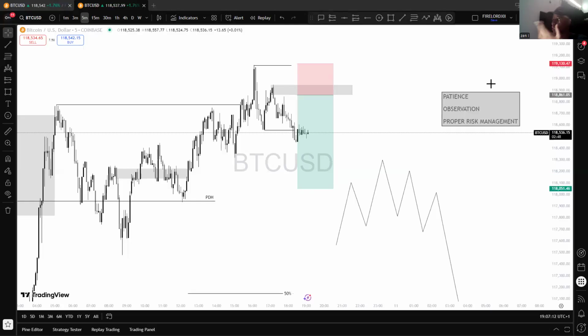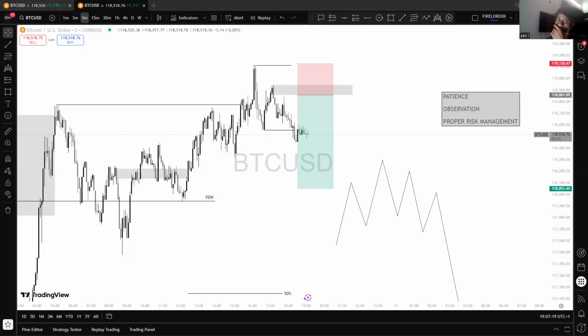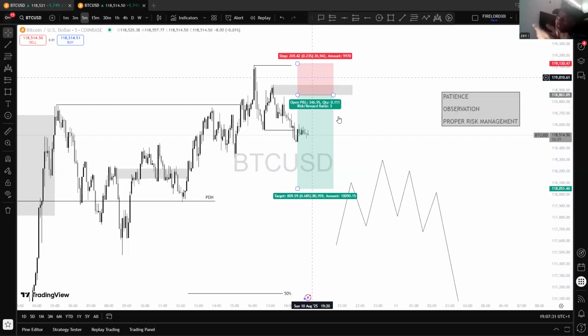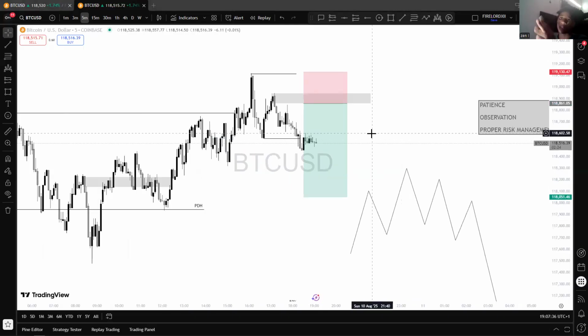Just saying, if price clicks this order before midnight, which I don't know if it would happen, and we're able to take the trade before midnight, then wherever the trade is by midnight, we're going to terminate it and go back to trading gold for the week.